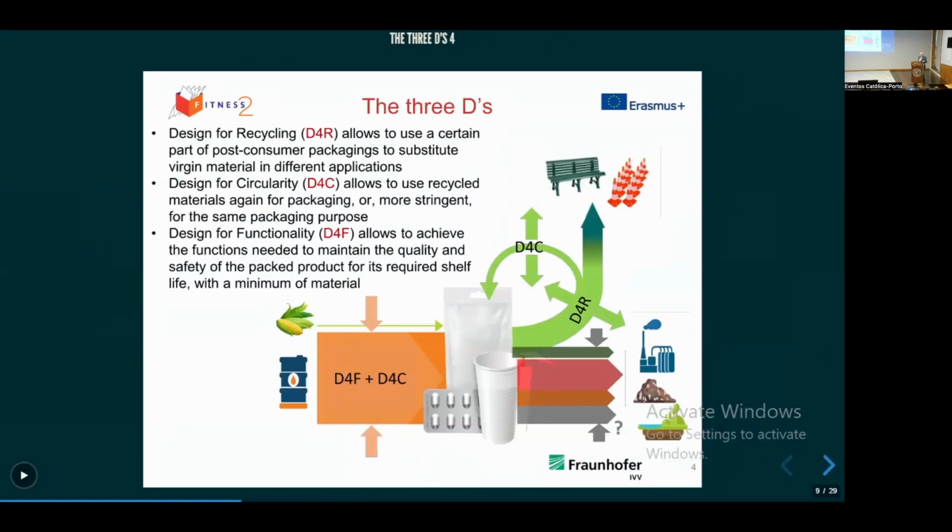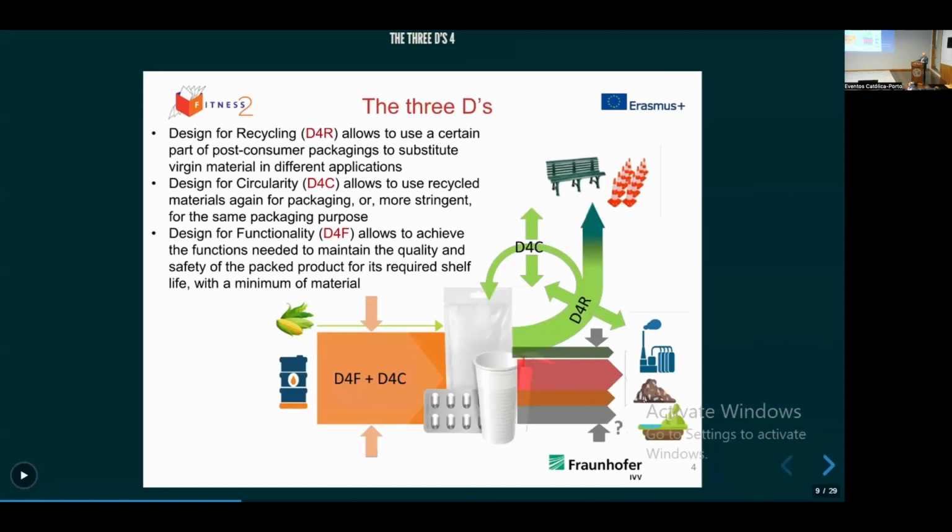The question is, how do the different Ds help us in improving this figure? Design for recycling alone helps us in this direction, in most cases, today at least. It does not necessarily lead to more usage of recycled plastics. If we would like to achieve this, we need to use design for circularity.